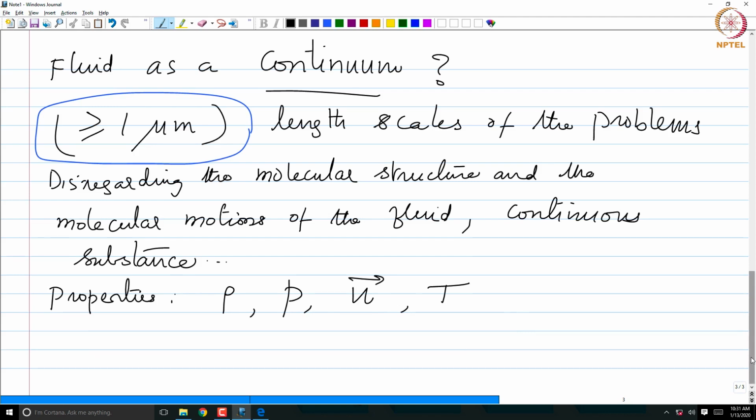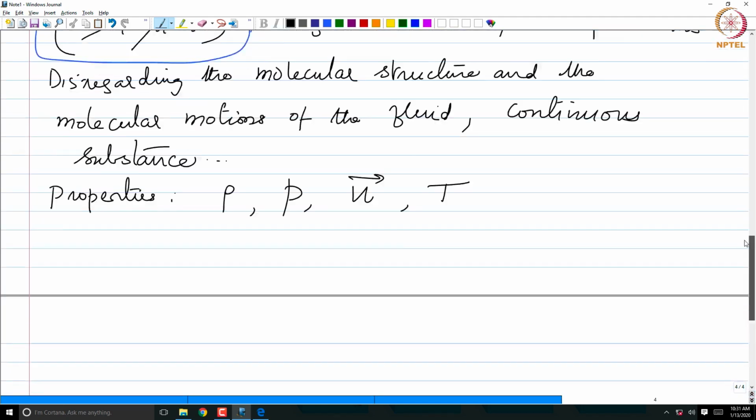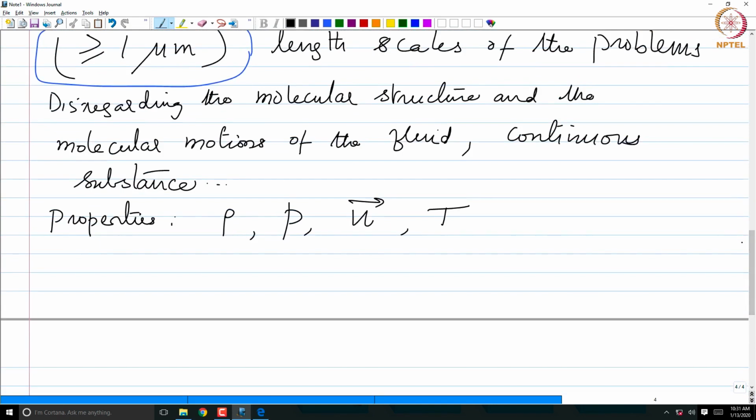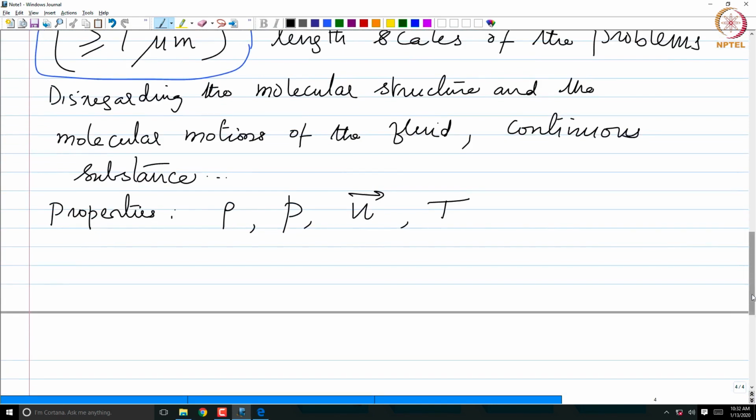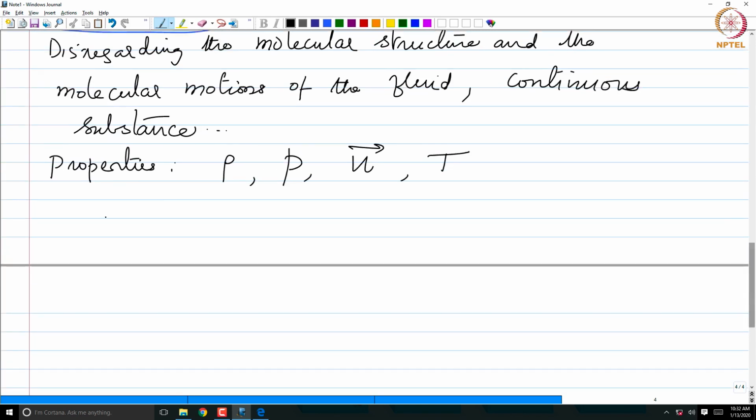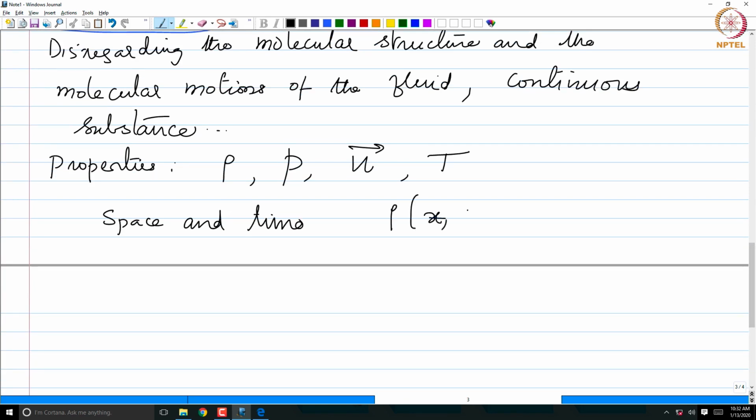These could also be functions of both space and time. Each of these properties is a function of space, such that rho is a function of x, y, z, t.